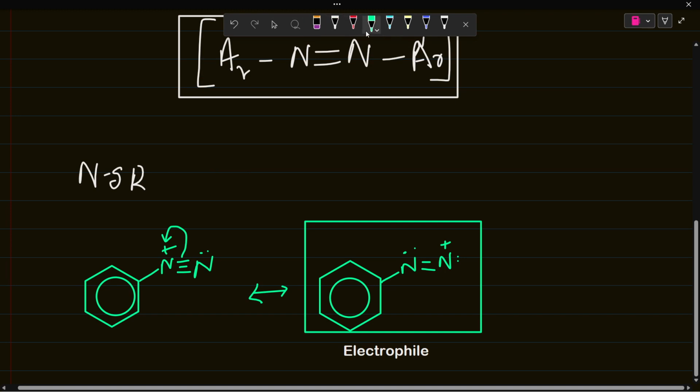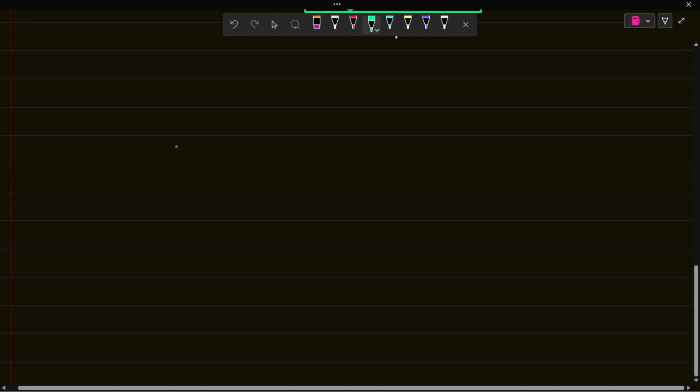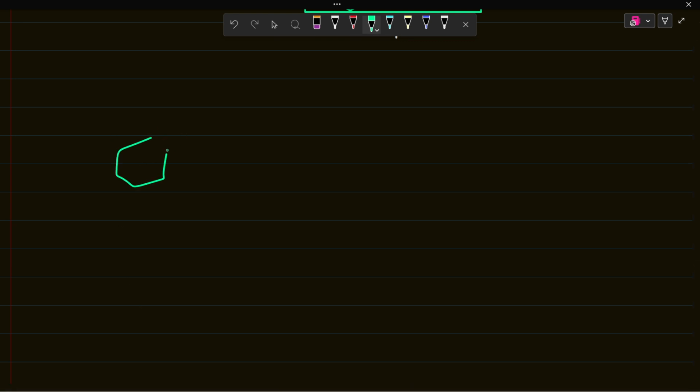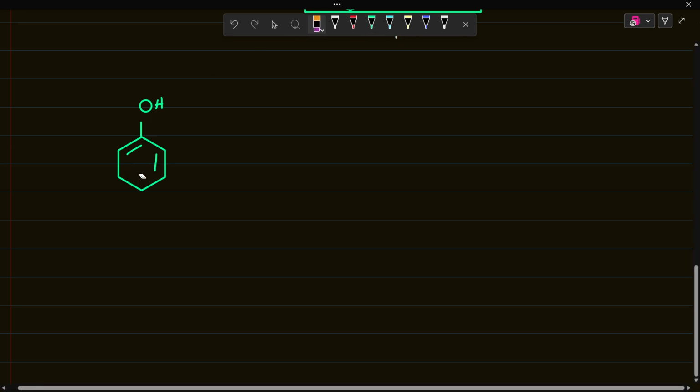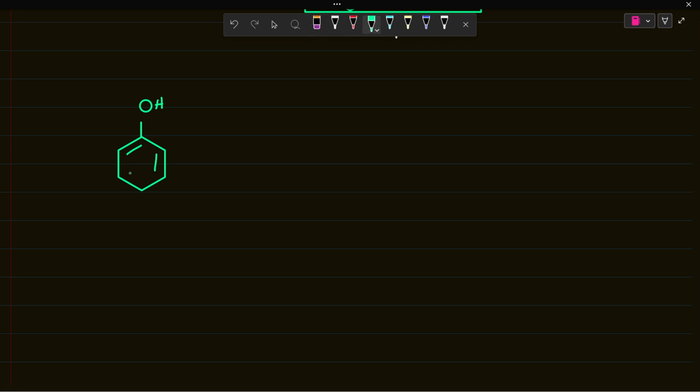For example, I take a phenol molecule like this. I will draw a phenol molecule here. So this is a phenol molecule, three double bonds and OH connected to it. Fine. What happens is that, let me raise this line over here, so the three bonds are like this.